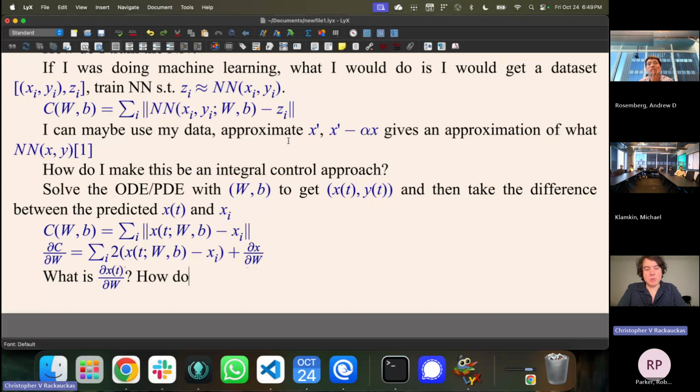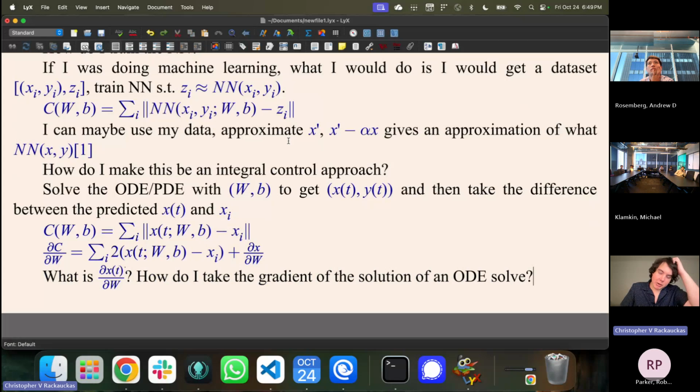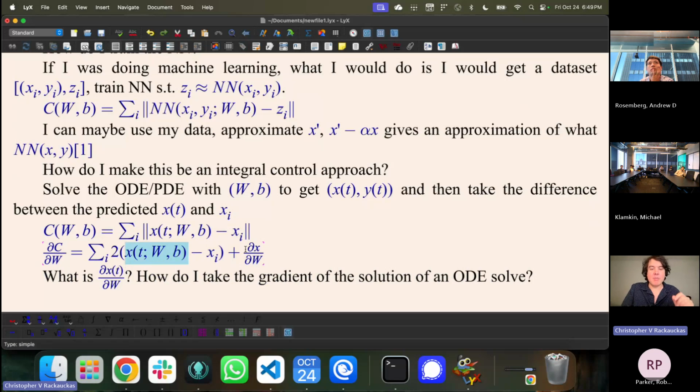How do I take the gradient of the solution of an ODE solve, right? That is a real question. How do I take the derivative of numerical solvers, right? Because the moment that I put a numerical solver inside of my loss function, by the chain rule, I have to take the derivative of a numerical solver, right? It doesn't matter if it's an ODE solver, a PDE solver, or whatnot.